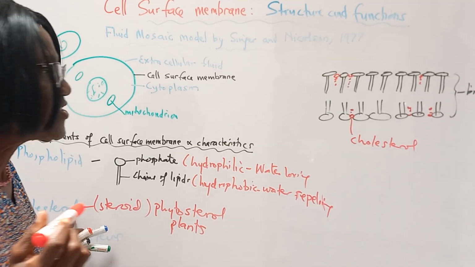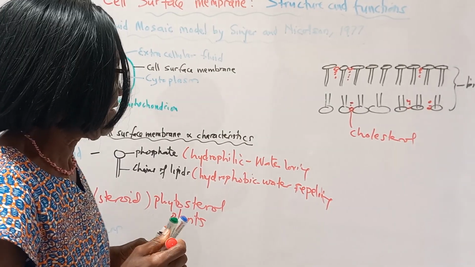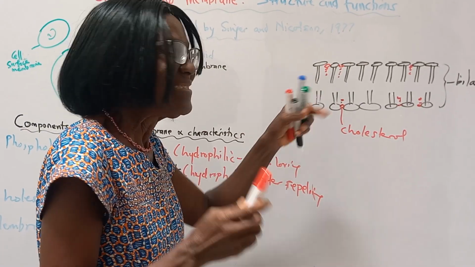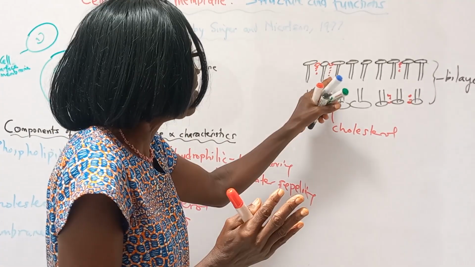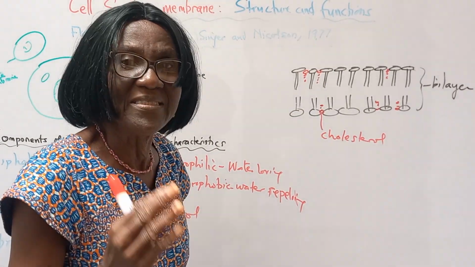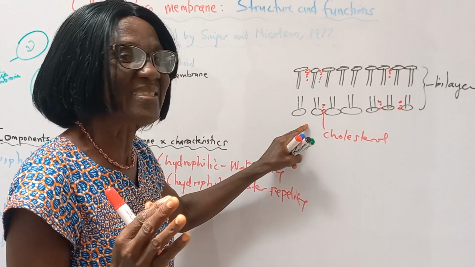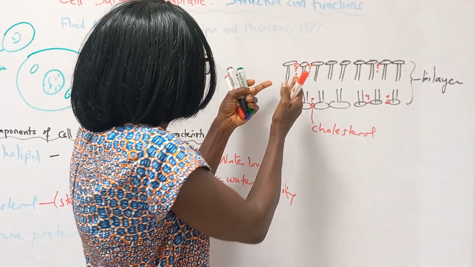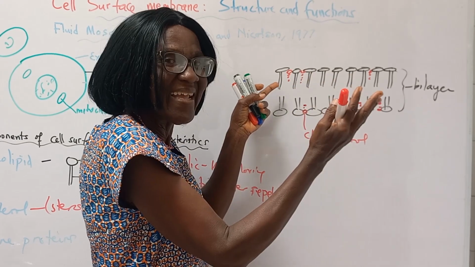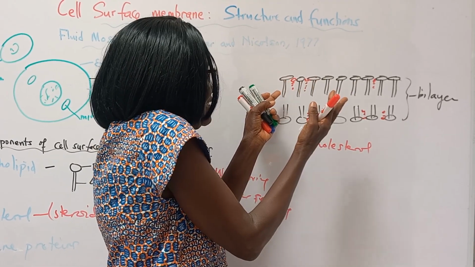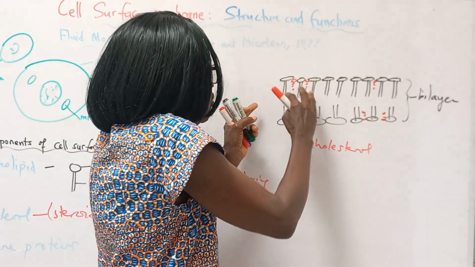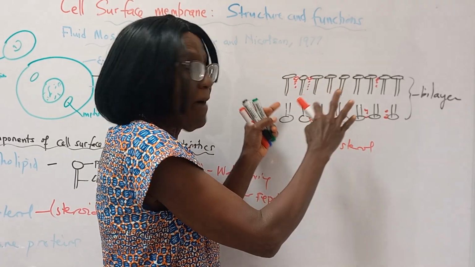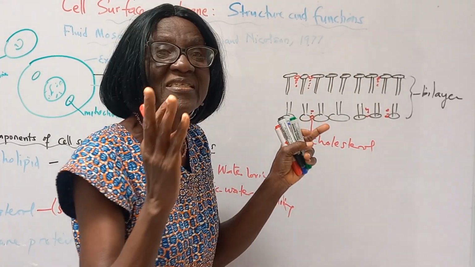And the function of the cholesterol is that it maintains the permeability of the membrane and keeps the temperature of the membrane constant. It prevents the membrane from freezing, because when the temperature is high the membrane has a tendency of expanding so that the pores are big, and the cholesterol resists that.